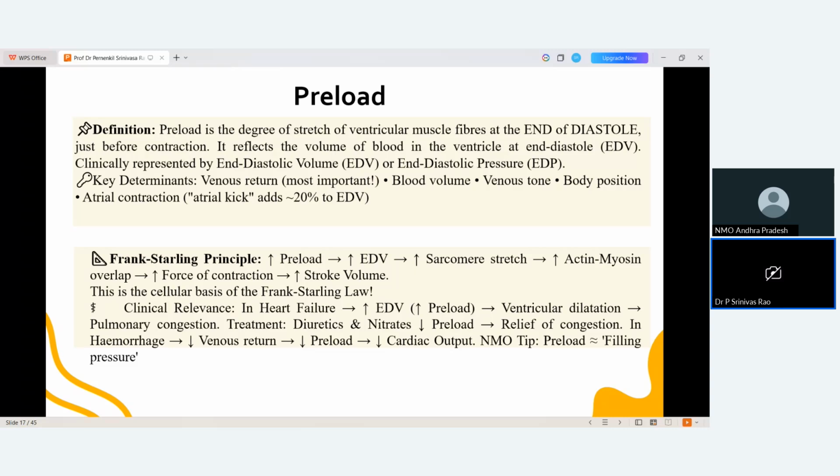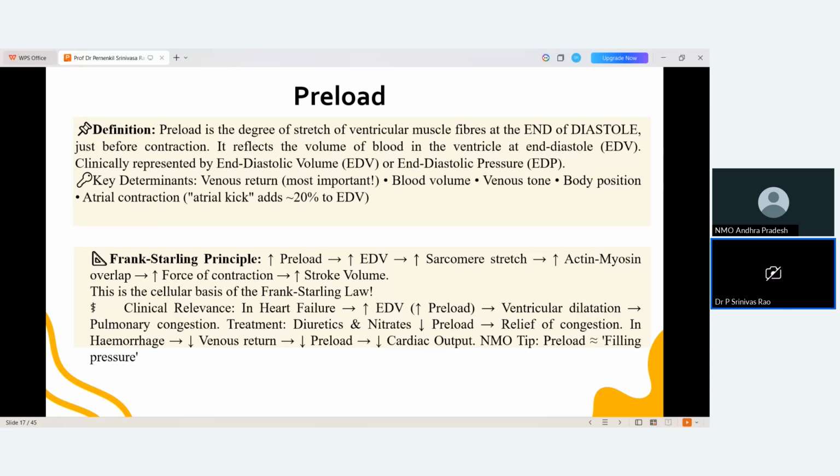When there is a stretch, there is an optimum actin-myosin overlap. Understood? Within physiological limits, this end diastolic volume will cause a sarcomere stretch, which causes that nice balance between the actin and myosin overlap. This will cause an increase in the force of contraction, which causes an increase in the stroke volume.